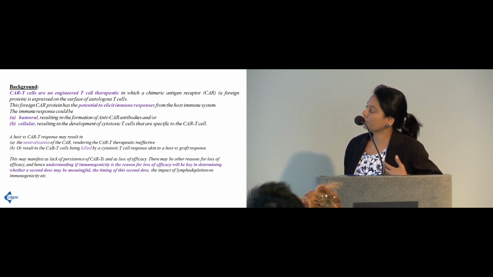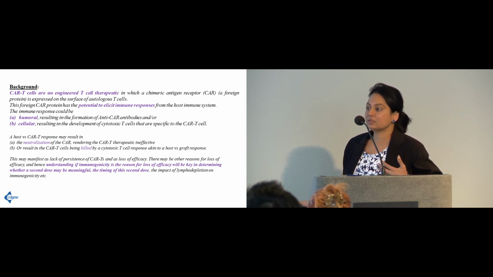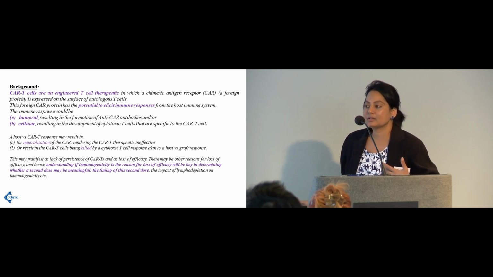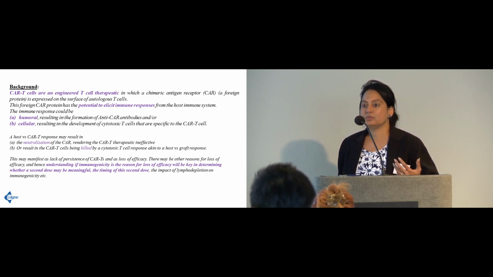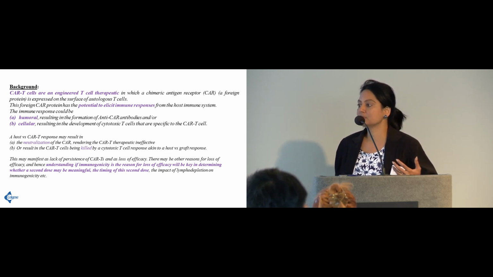So what we are hoping for is to take this immunogenicity data along with efficacy data, along with the PK data from these two different assays, and together try to come up with answers to questions like, will this particular patient benefit from a reinfusion? If we want to reinfuse this patient, do we expect an immune response?